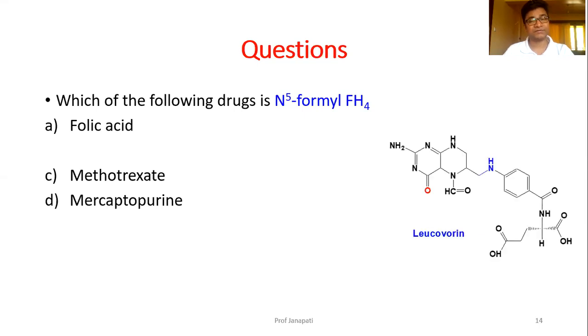Leucovorin is the drug called N-formyl FH4, as you can see from the structure which we discussed already.